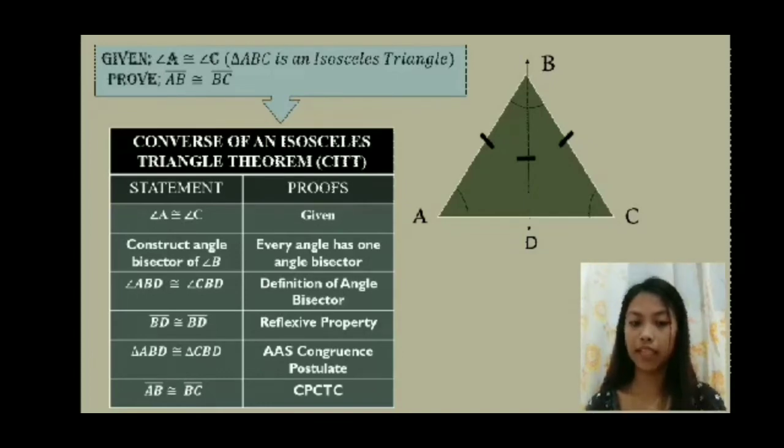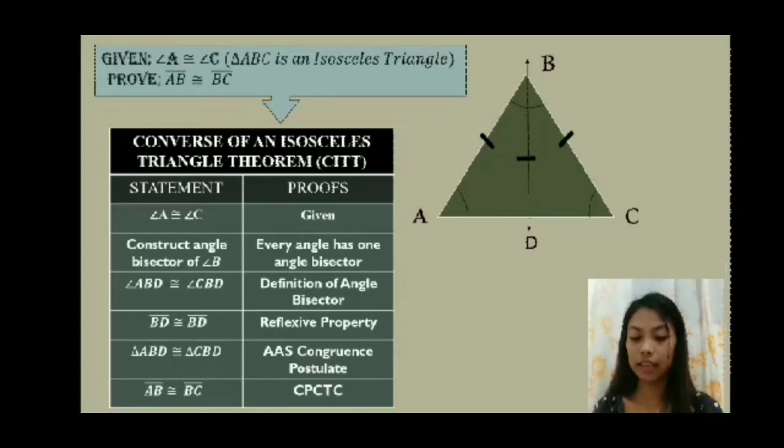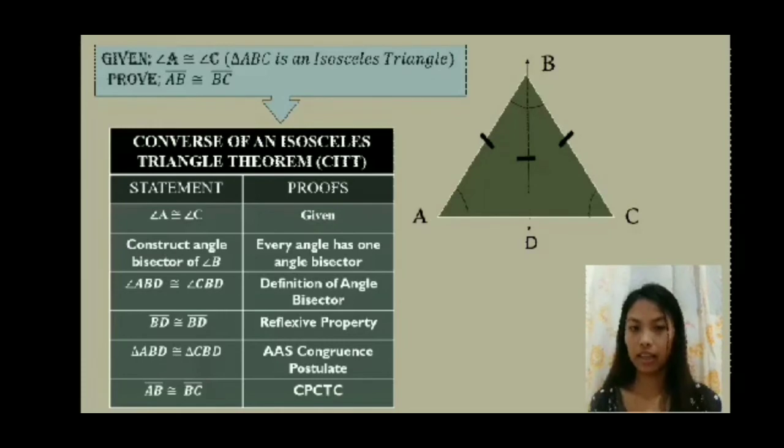From the definition of angle bisector, we can create two triangles, ABD and CBD, and we're trying to prove they're congruent. Angle ABD is congruent to angle CBD using the definition of angle bisector. Next, segment BD is congruent to segment BD using the reflexive property.